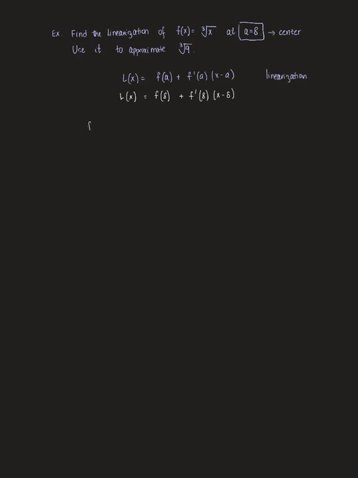So f of 8 is just the cube root of 8, which is 2. To take the derivative, I'm going to rewrite the function as x to the 1/3. And for the derivative, we'll just use the power rule here. That will be 1/3 x to the negative 2/3, or 1 over 3 times the cube root of x squared.